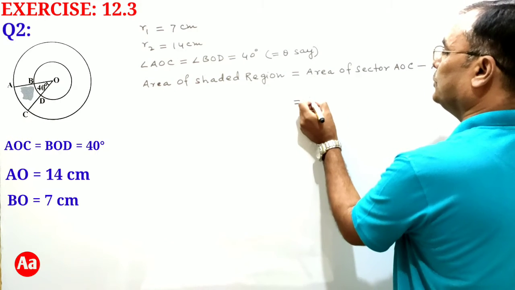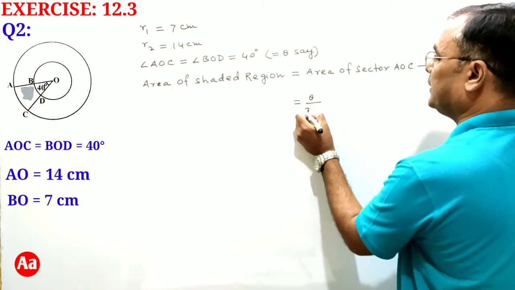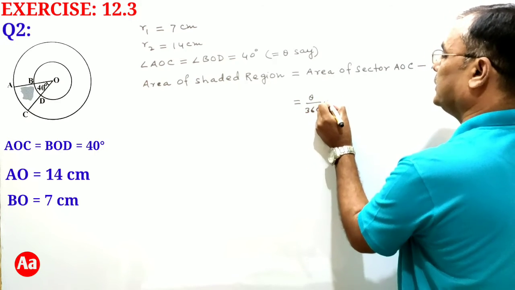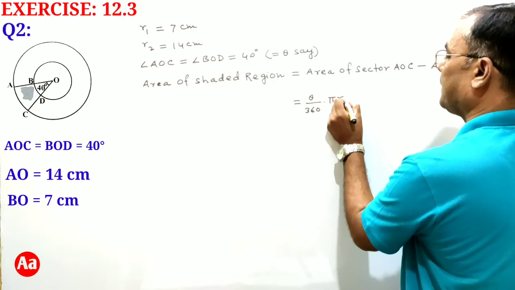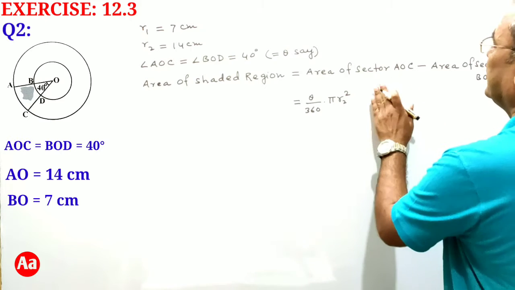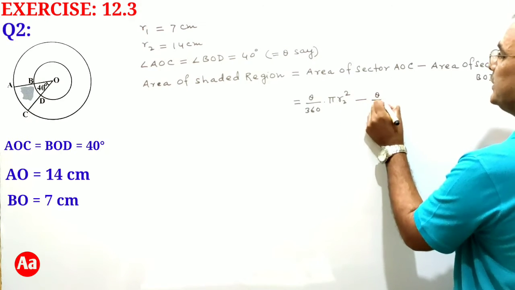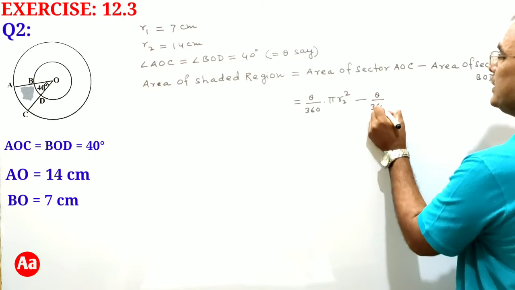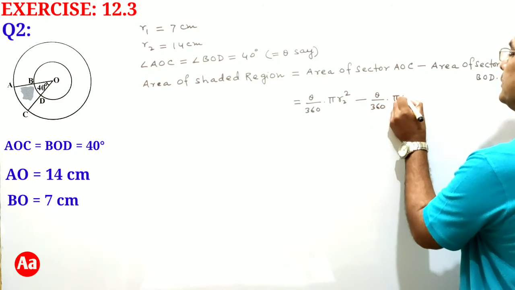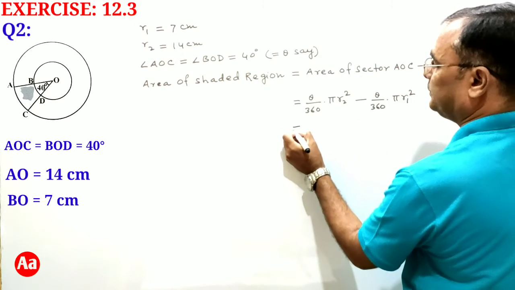This is equal to theta by 360 into pi R2 square, area of sector AOC, minus theta by 360 into pi R1 square.